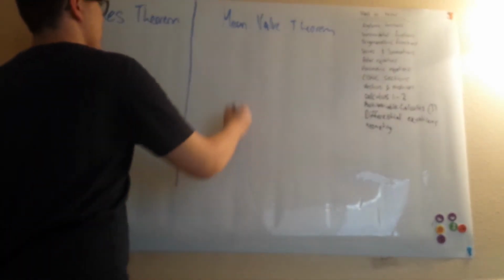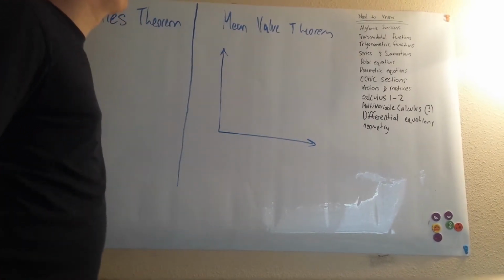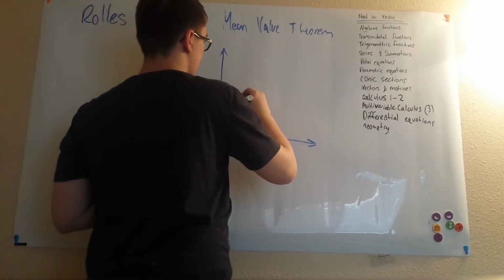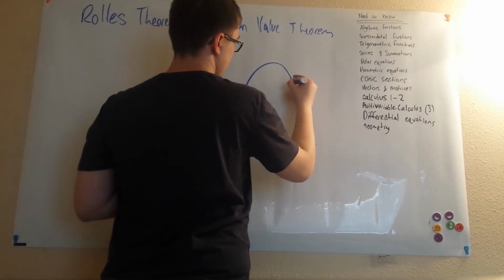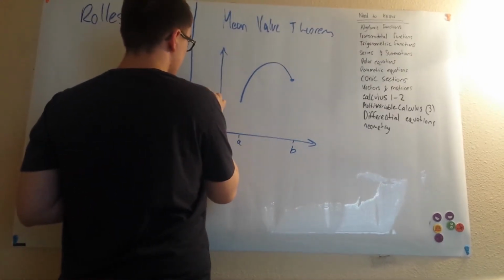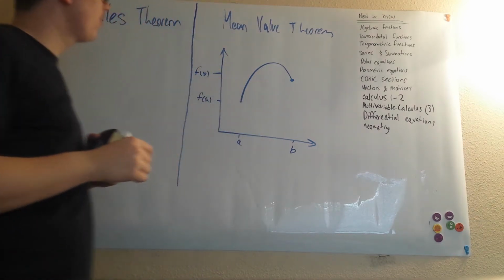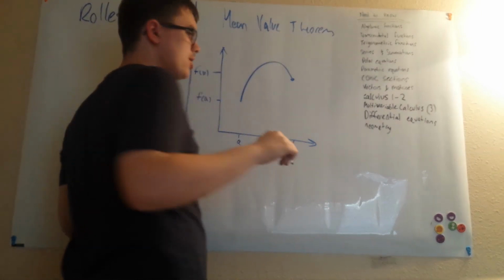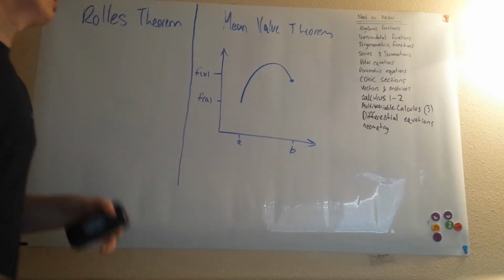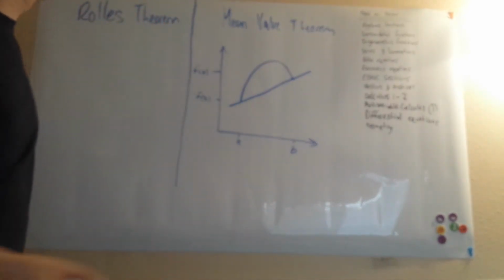Mean value theorem says, hey, let's say we have some function. If I have A and B and f of A and f of B, what is the secant line through A and B? What would be the slope of the secant line?